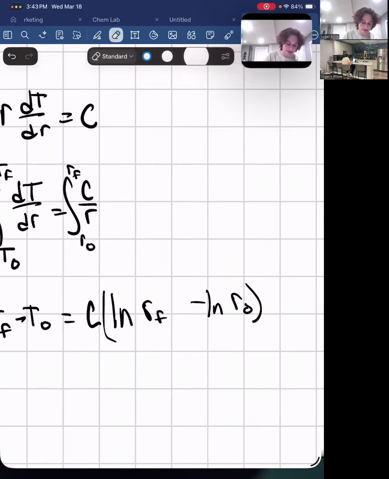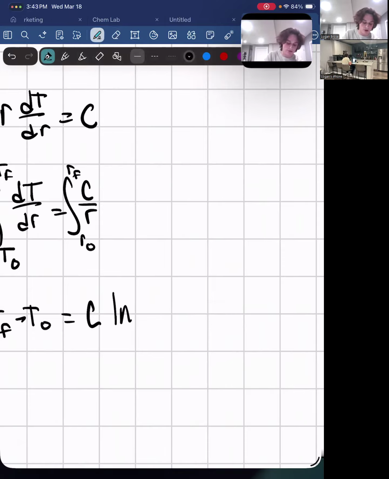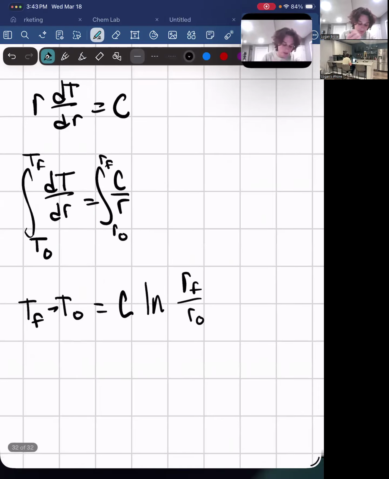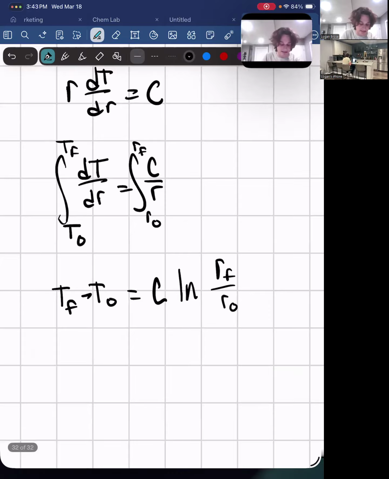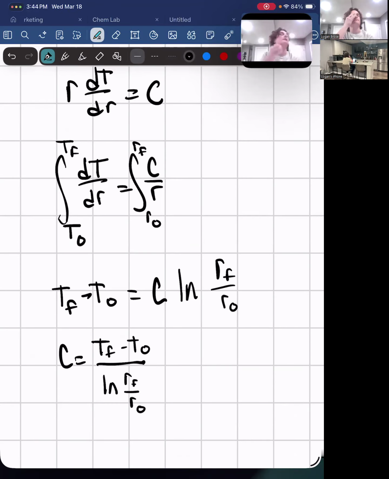Now this can simplify down to the natural log of R final over R initial. So when we do this, we can find that C equals T final minus T initial over the natural log of R final over R initial.